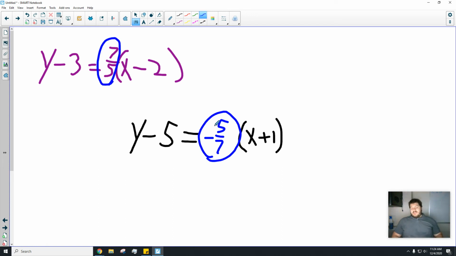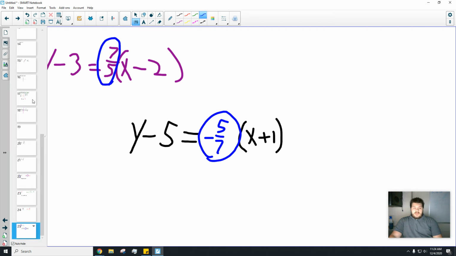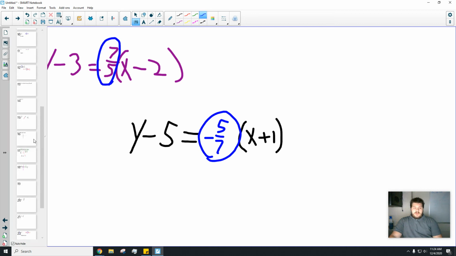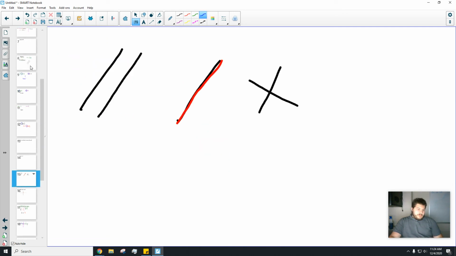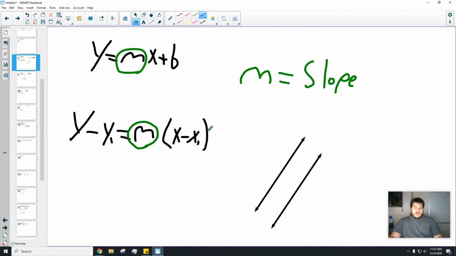And that's really all there is to this lesson, just recognizing that perpendicular lines are opposite reciprocals. The hardest part about this is remembering the difference between parallel and perpendicular. Because parallel lines, if I scroll all the way back up here, should have the same slope.